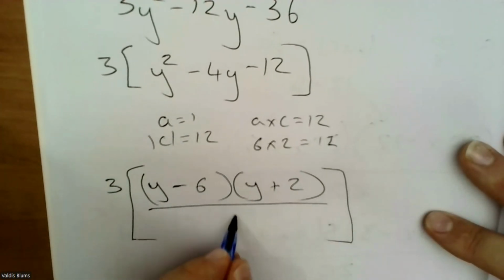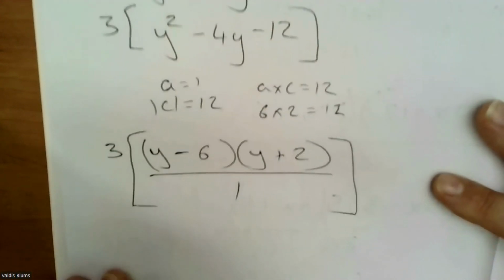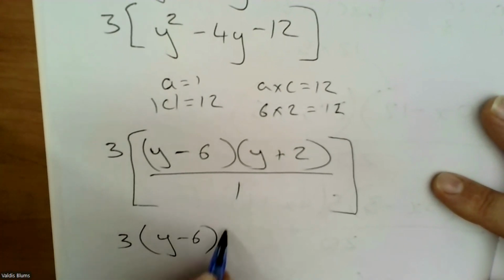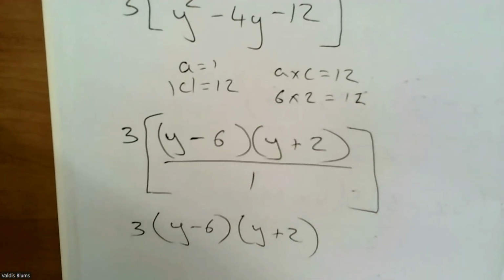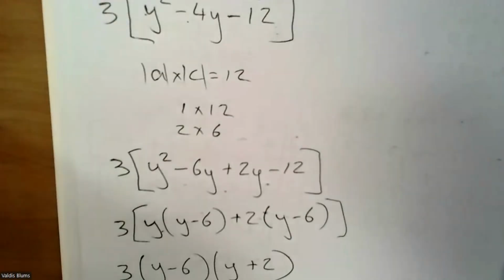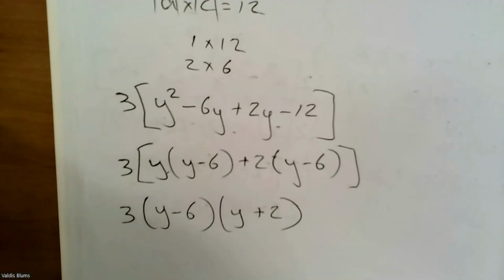And this is all over 1 because our coefficient in front of the y is 1. So in this one, we're just jumping straight to the end result. As you can see, it's the exact same result as the decomposition method.